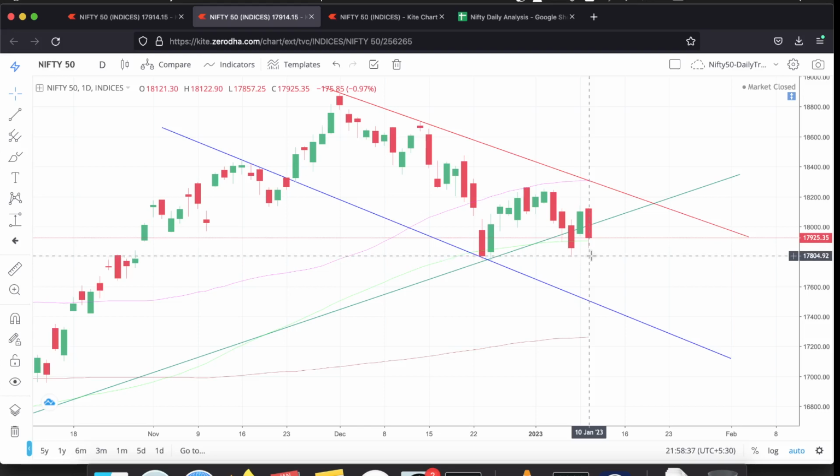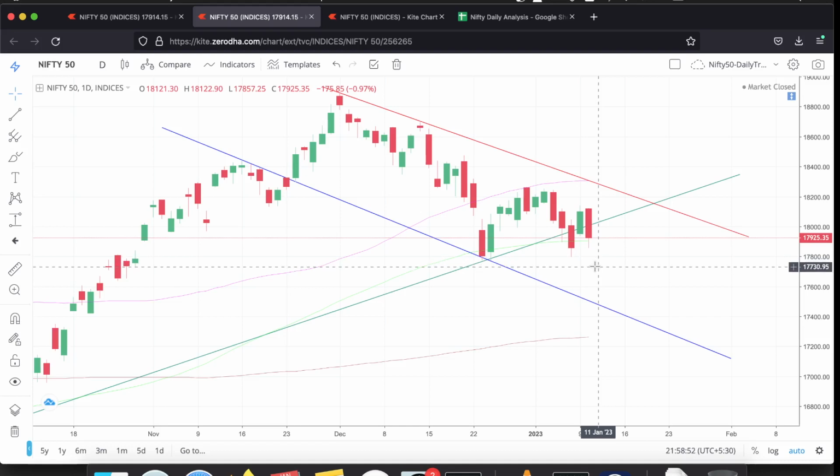And here, if there is still enough downward momentum and bearish price action, then it may try to breach this support zone a little more, maybe up to 17,700 level like that.